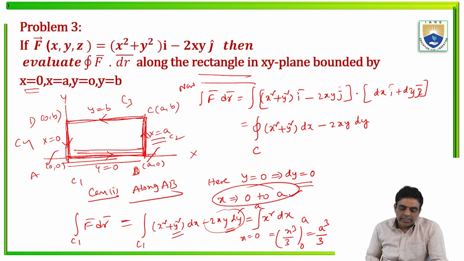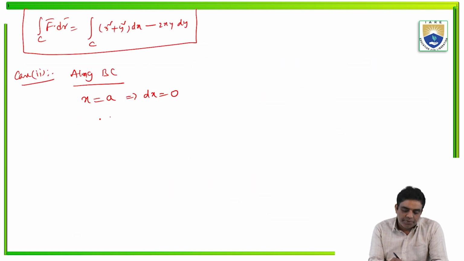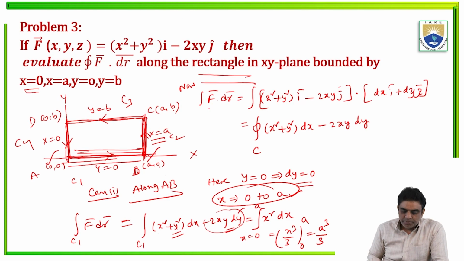And x is constant, x is always a. But y varies from 0 to b. You see this, it is abscissa and ordinate. The abscissa a is the same and y varies from 0 to b.